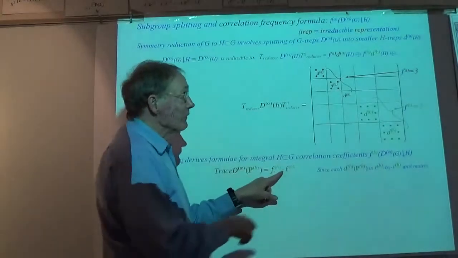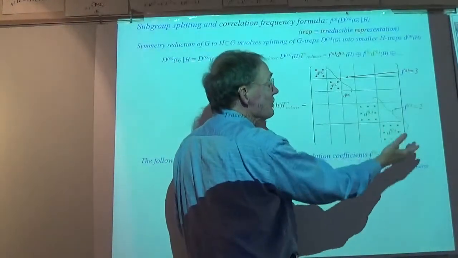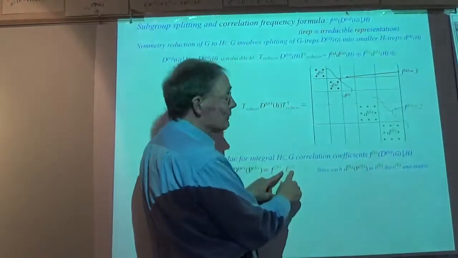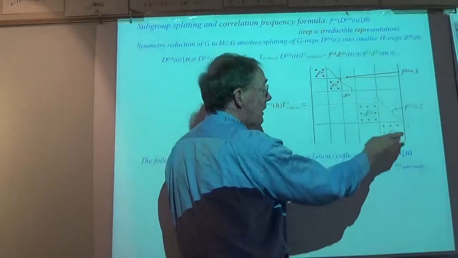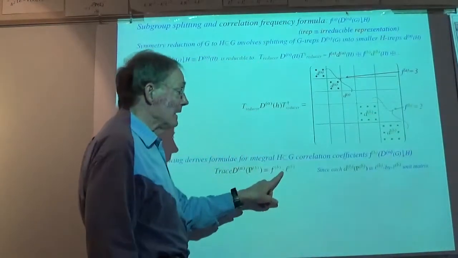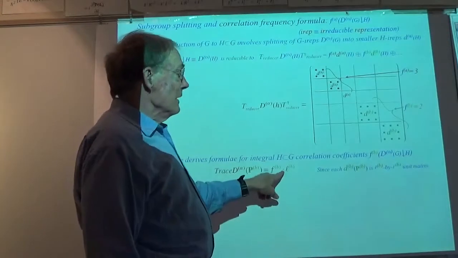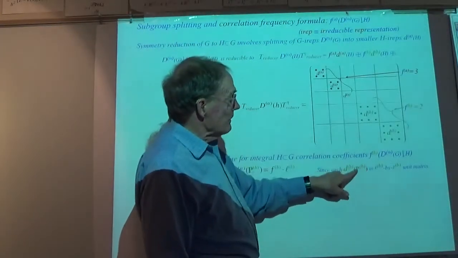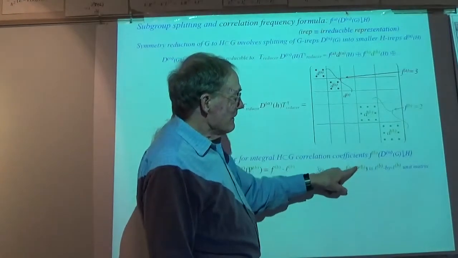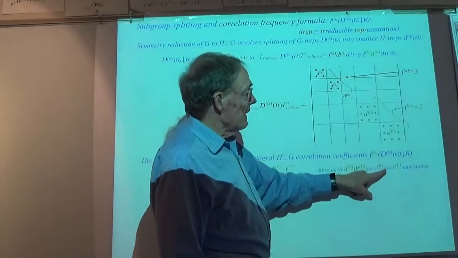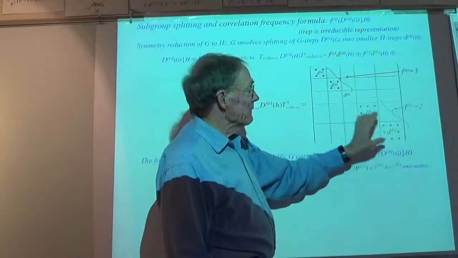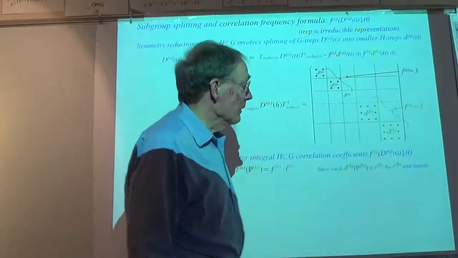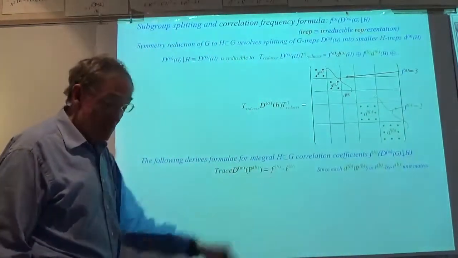Frequency of 2, and this particular case has a dimension of 3. L is equal to 3 for this green type representation, and that's just because the representation of its own projector is an L by L unit matrix. 2 of them are here, and that's the 2.